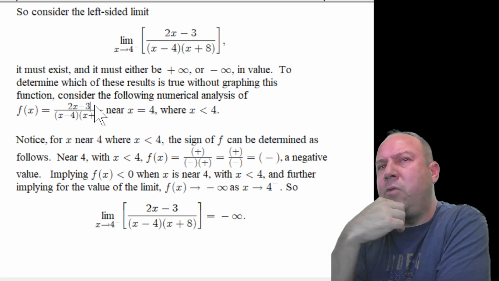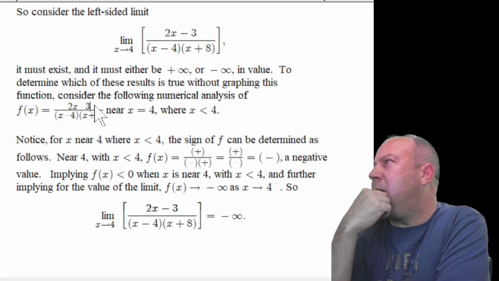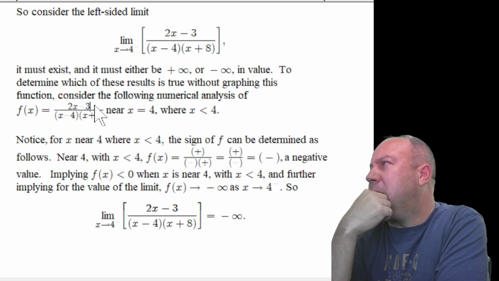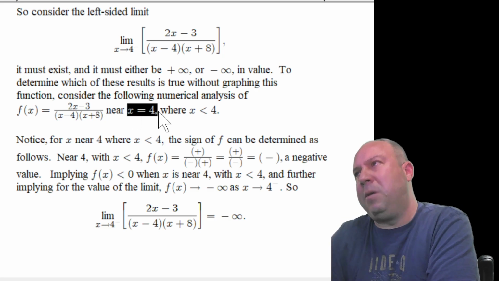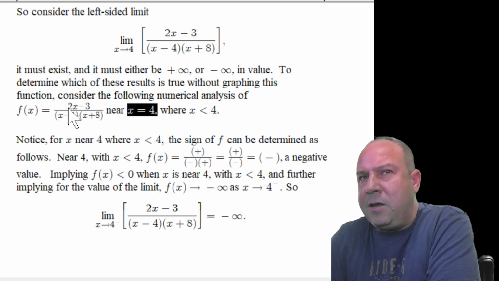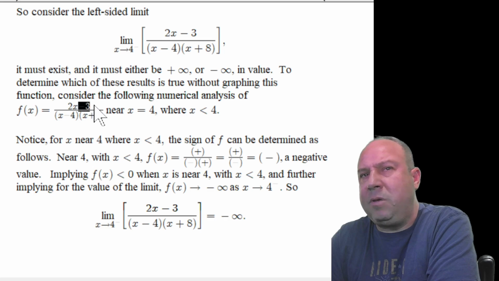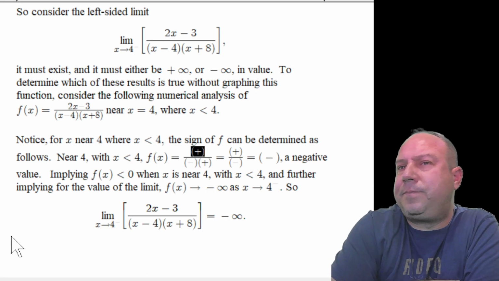If x was bigger than 1.5, then 2 times x will be bigger than 3. Well, if I'm near x equal to 4, I'm certainly going to be bigger than 1.5 in value. So right away, I know that 2 times this number is always going to be bigger than 3, and I know that numerator is always going to be a positive number in its result.